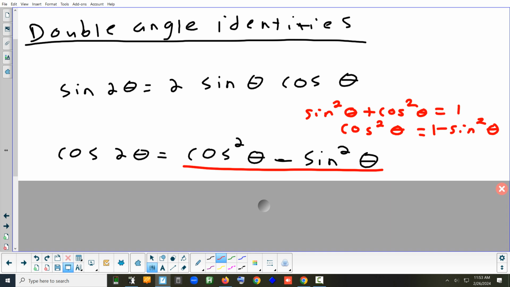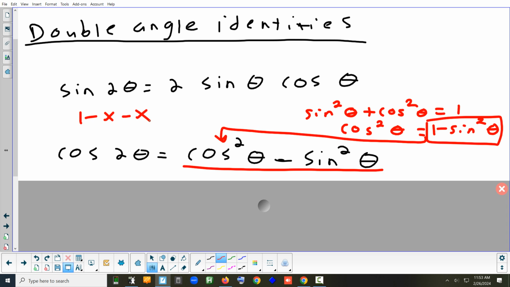Now, if you took this and you filled it in right here, you would have 1 minus sine squared minus sine squared. What would that turn into? It's like 1 minus x minus x. 1 minus 2x.